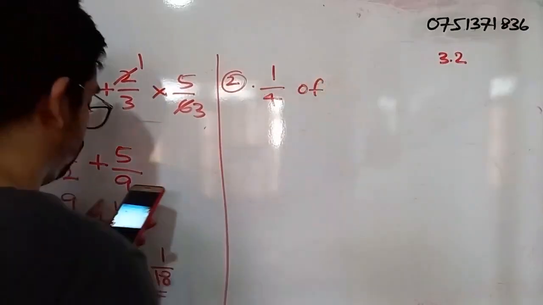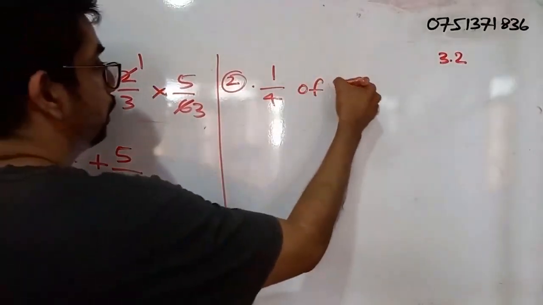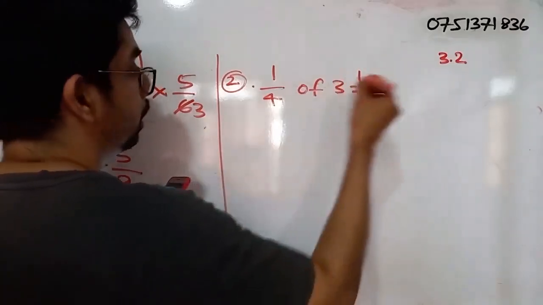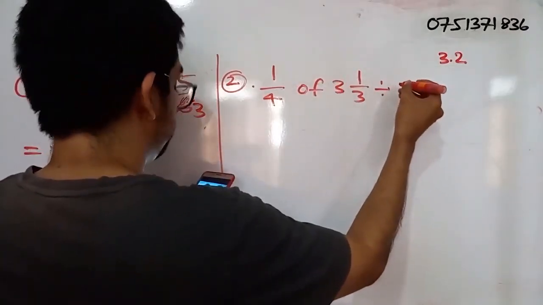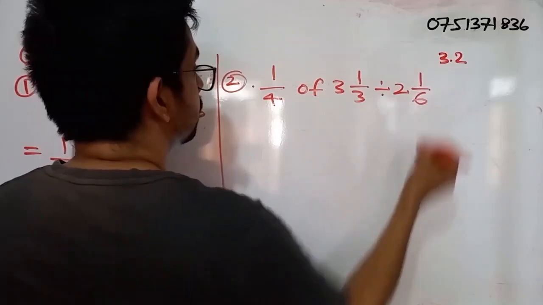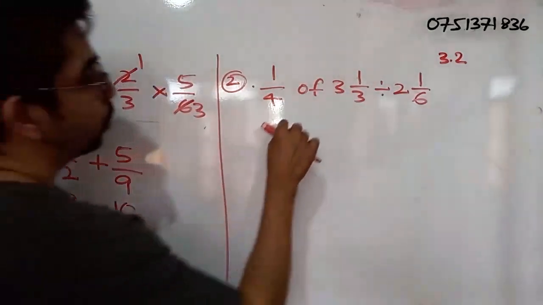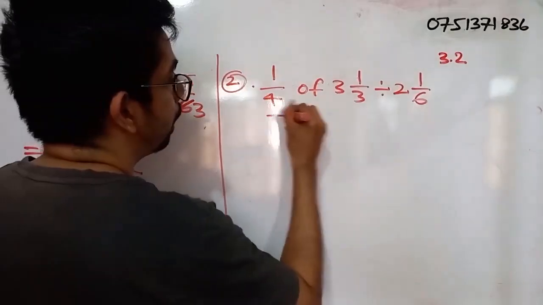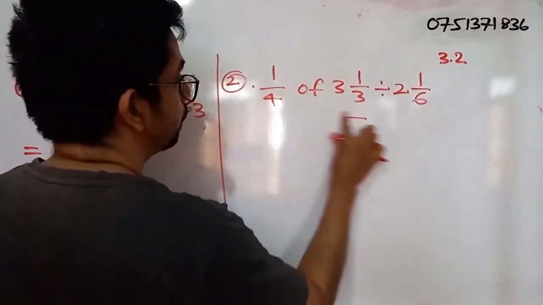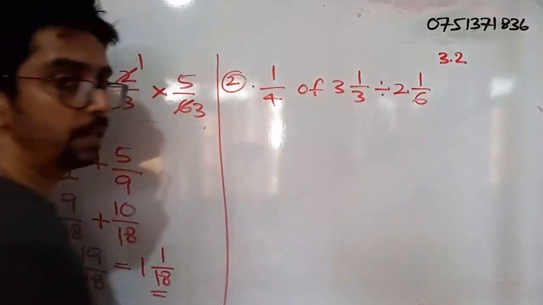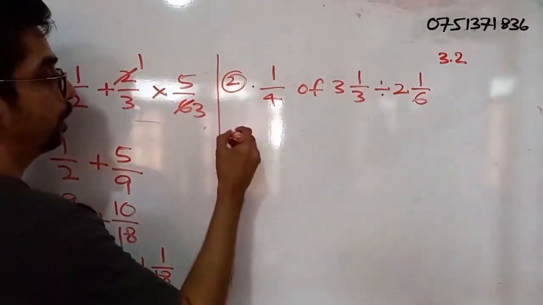So we have 1/4 of 3 and 1/3. Then divide by 2 and 1/6. Right. So according to the BODMAS rule, we have to do this part first. Simplification of this part. And here we have to convert this mixed fraction into an improper fraction.